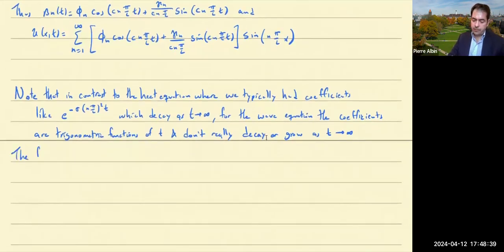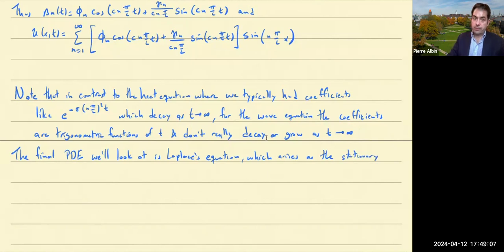All right. The final partial differential equation that we're going to look at is the Laplace equation, which arises as the stationary equation, meaning independent of time, for either the heat or the wave equation.